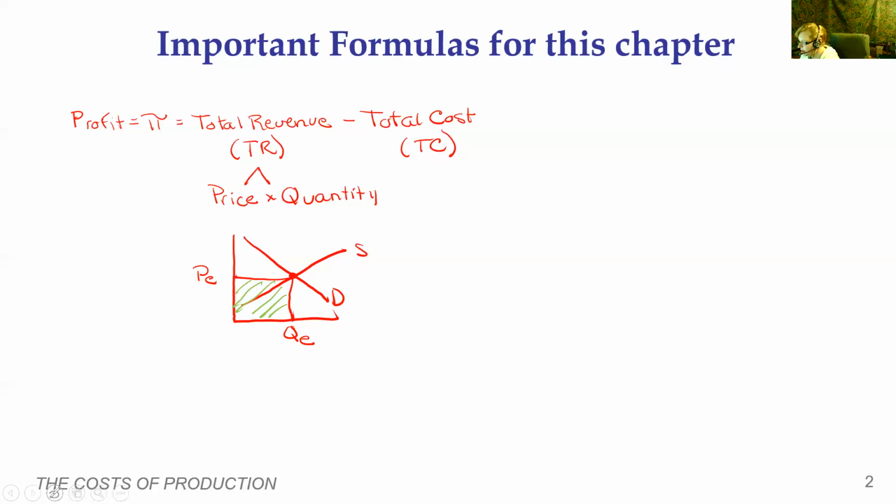Now we've also looked at the idea of total cost. And we said total cost is related, I think is the best way to put it, to the supply curve. So if we have quantity and price, this is the supply curve. And it's made up of a bunch of producers.